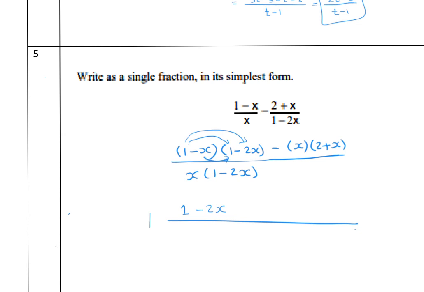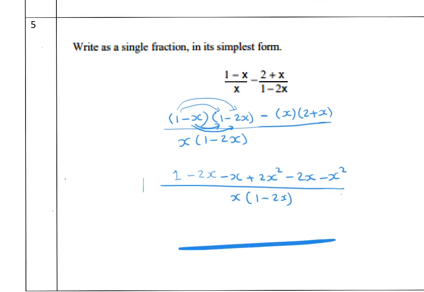Negative x times 1, so negative x. Negative x times negative 2x equals positive 2x squared. Now negative x times 2, negative 2x. Negative x times x, so negative x squared, over the same denominator, 1 minus 2x times x.